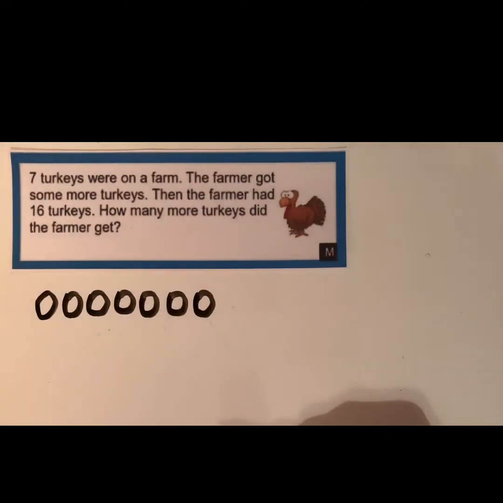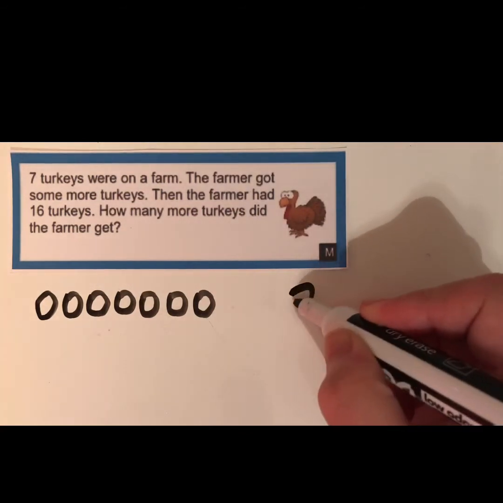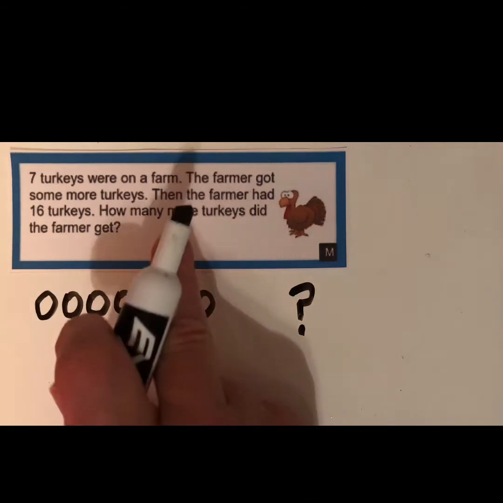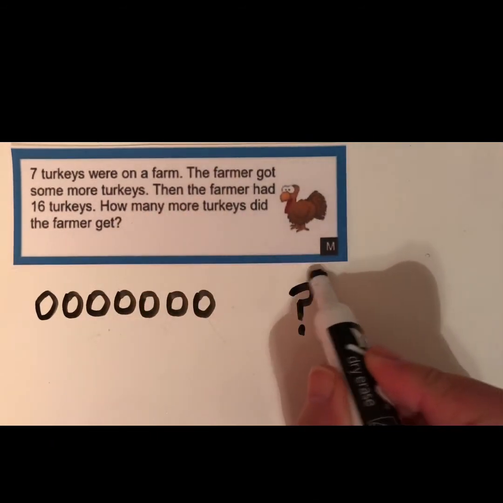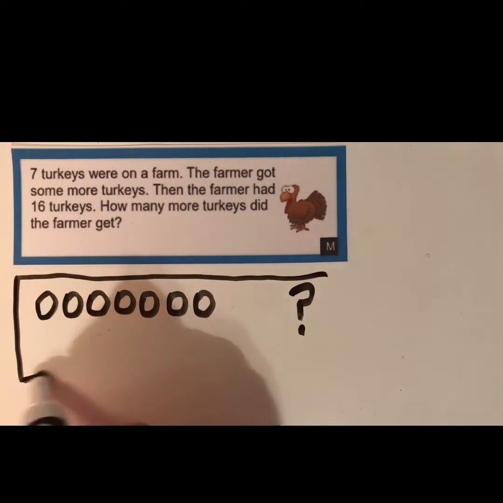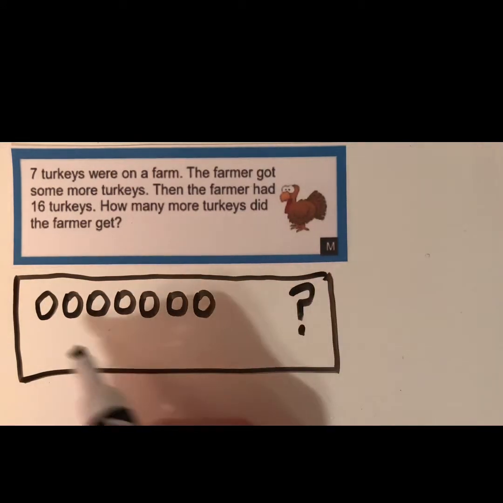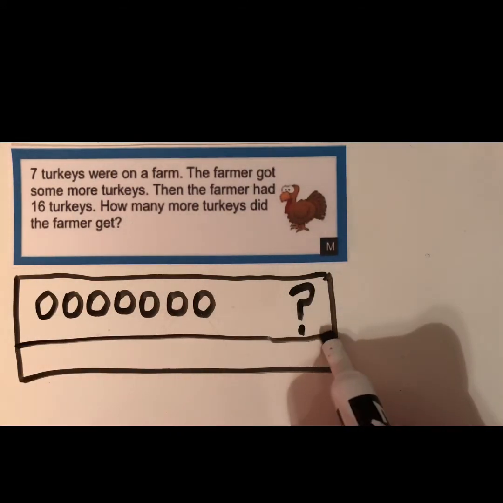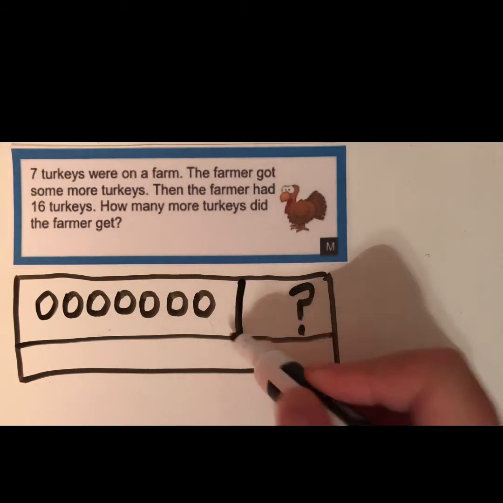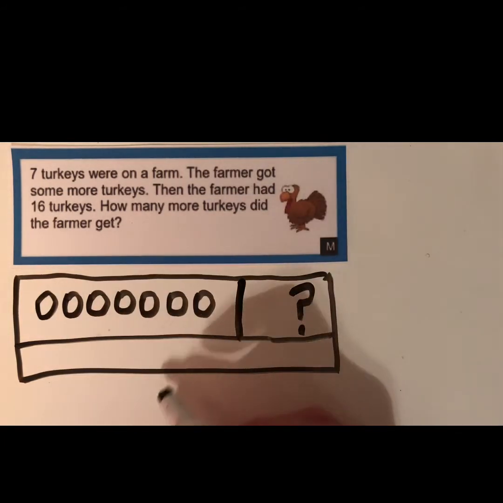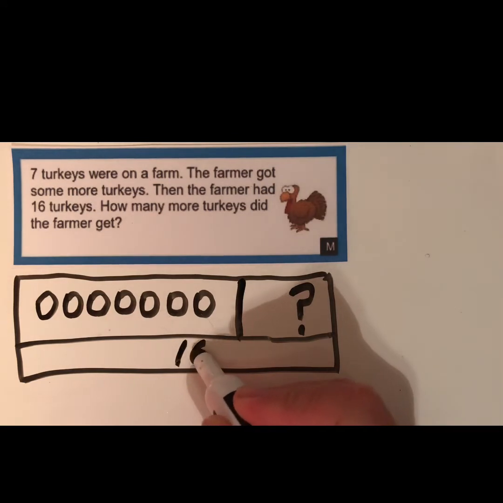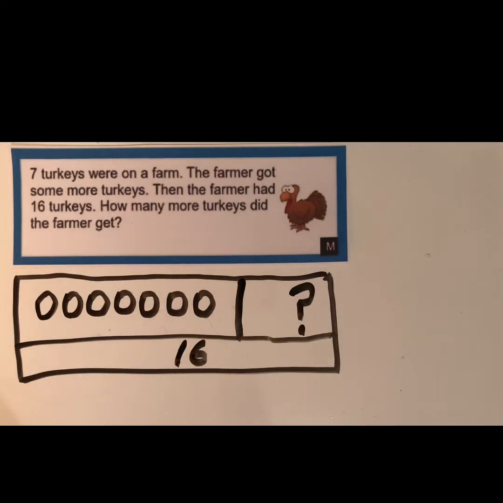I'm just going to use those circles to show my 7 turkeys. Then the other part that the farmer got, we don't know. They use that word some. Then the farmer had 16 turkeys. So here are the 2 parts. And the whole, the amount of turkeys that he had, are 16.